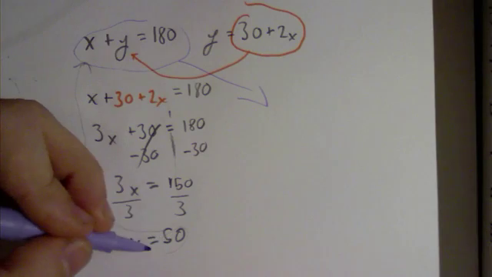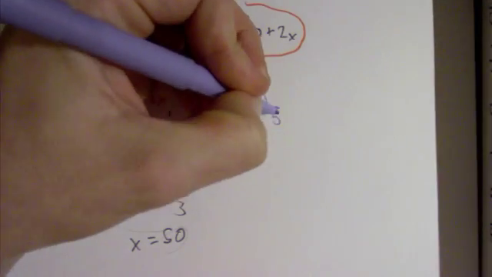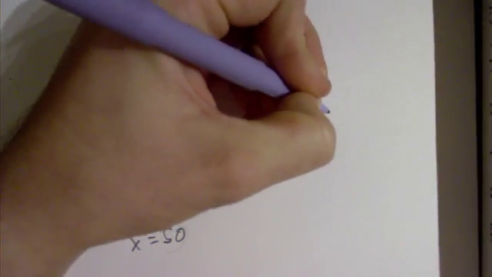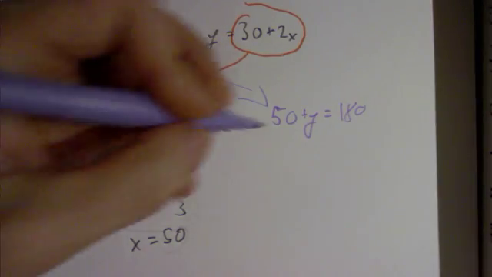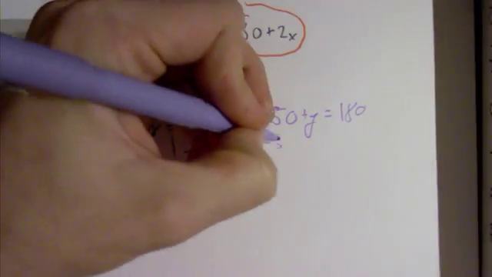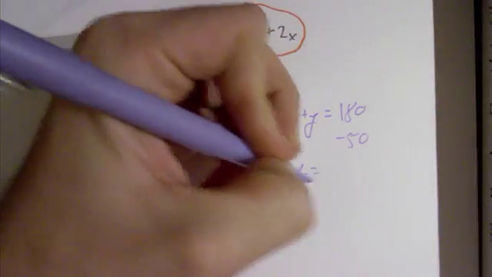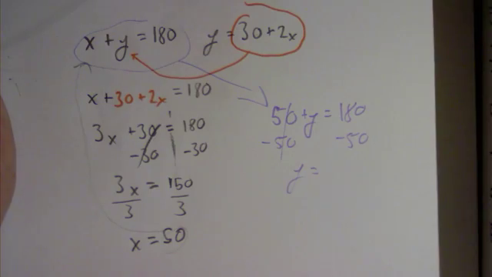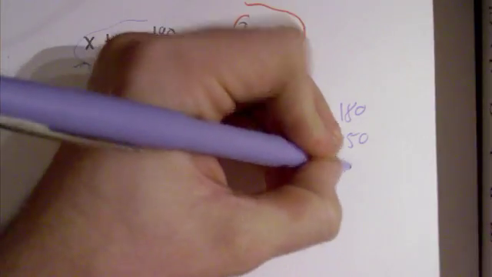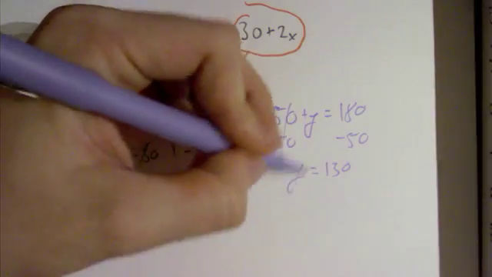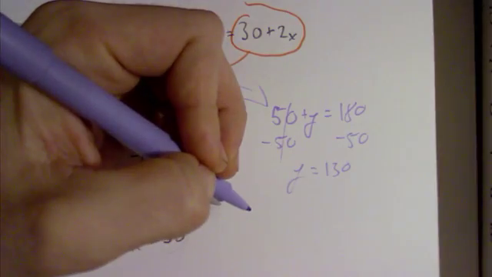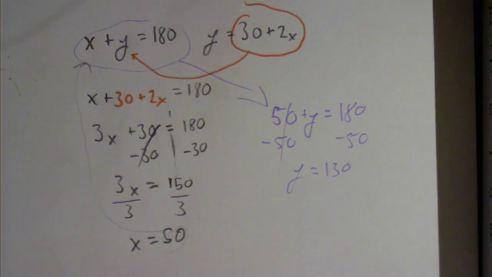Well, I know x is 50, so 50 plus y equals 180, and I'll just solve for y. So I'll take away 50 from both sides. y is equal to 180 minus 50, which is 130, and now I've found that my first angle is 50, my second angle is 130.